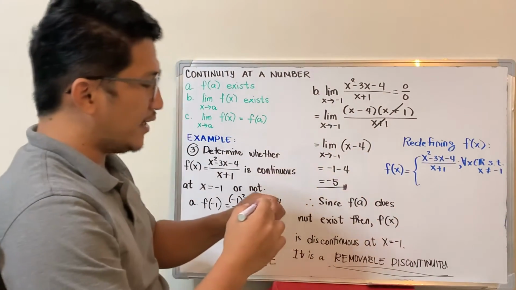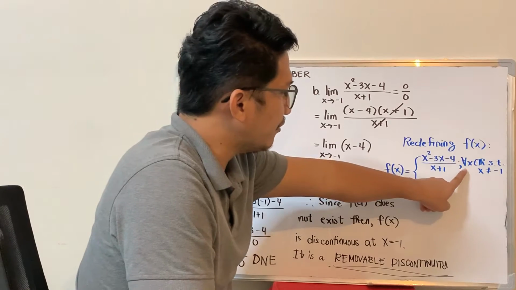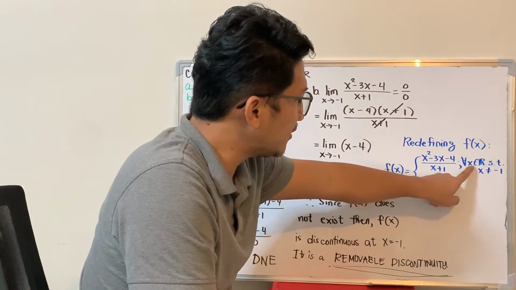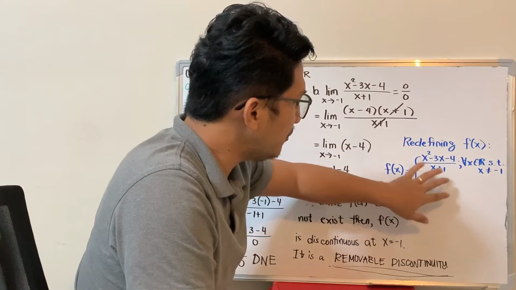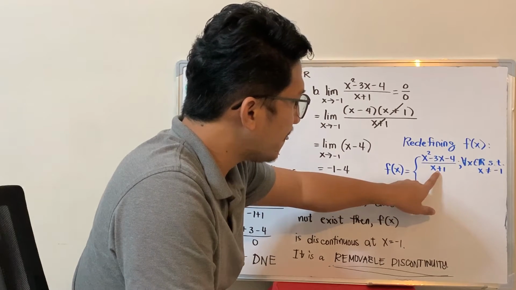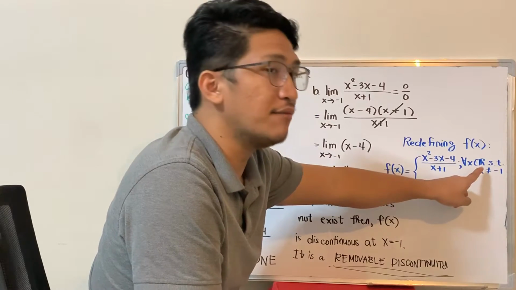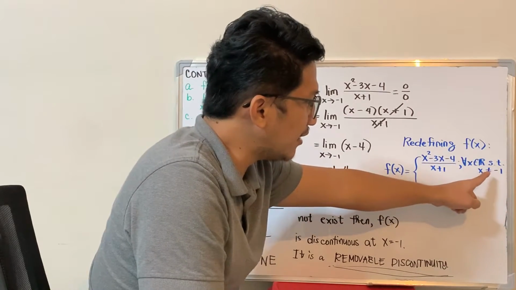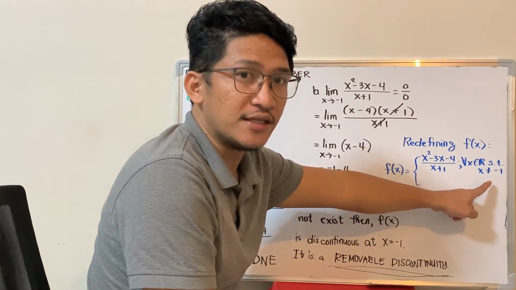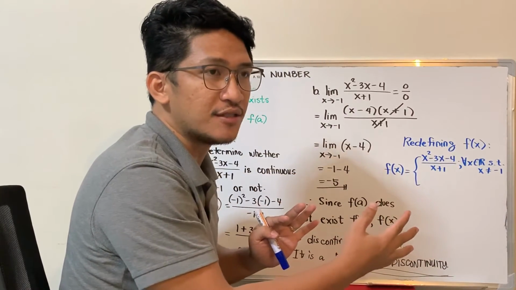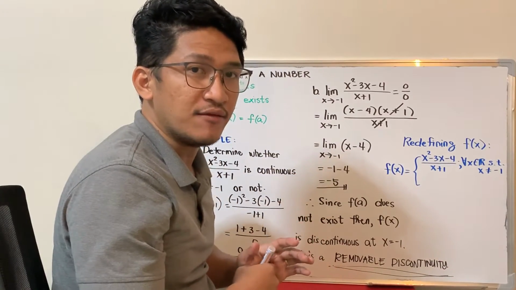Okay? So, again, the idea is, the symbol is for all x element of real numbers. So, meaning, we use this function if we are only to consider all x element of real numbers such that x should not be equal to negative 1. Meaning, all real numbers except negative 1.